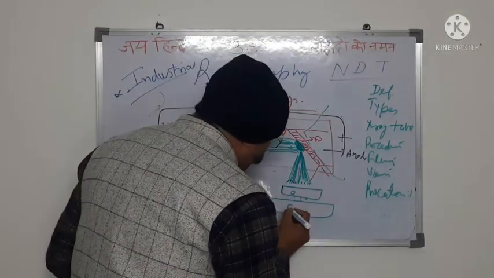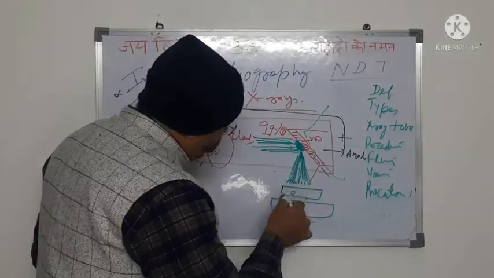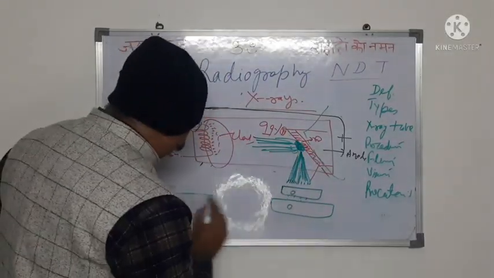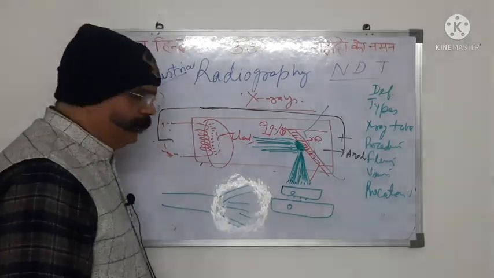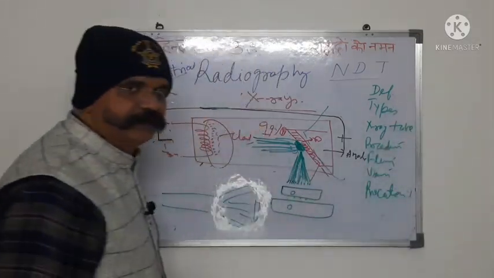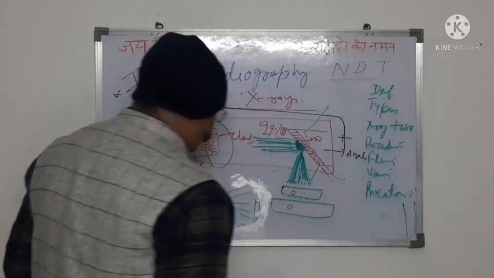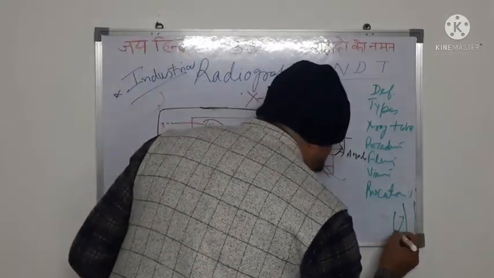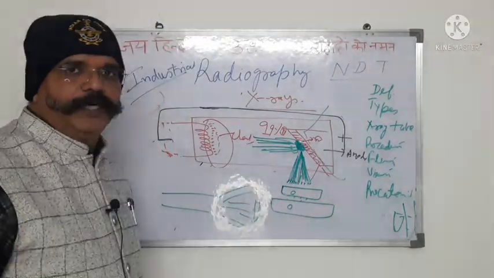Exact image will not be transferred here because, as you see in the nature of X-rays, they follow like a torch light. If you put one object just near to the torch, its image will be very large. But if you put this object here and this is your curtain, the approximately exact size image will be formed. Like this in X-ray also.